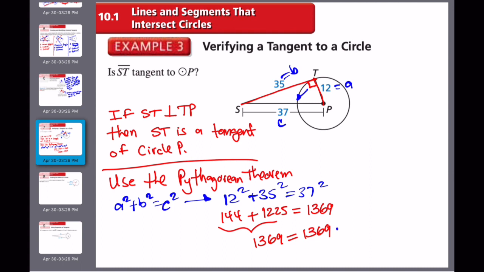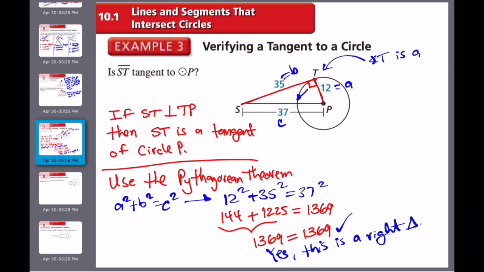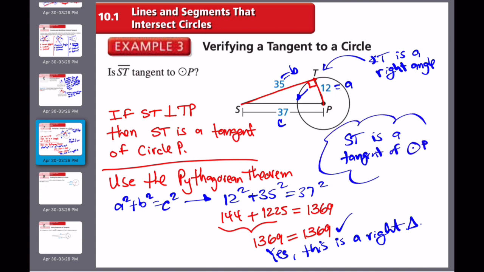And you say, yes, this is a right triangle. And if it's a right triangle, that means that angle T is a right angle. And if angle T is a right angle, that means that ST is a tangent of circle P. And we've answered our question.